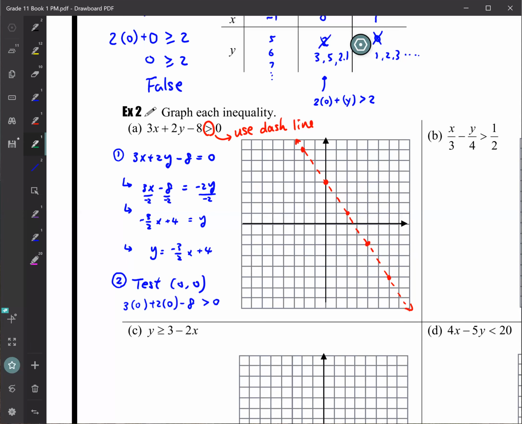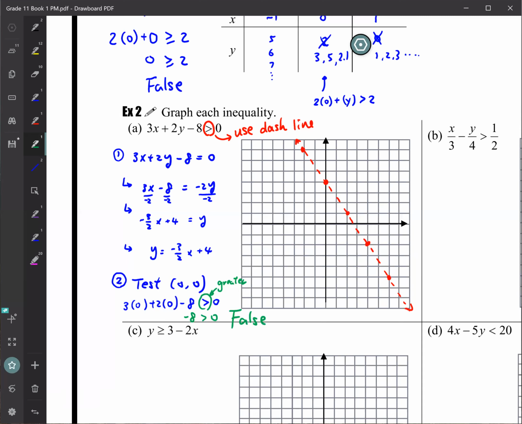Because -8 is smaller than 0. Yes, the question says greater, right? But -8 is not greater than 0. So you write false. You end up with -8 greater than 0, which doesn't make sense.